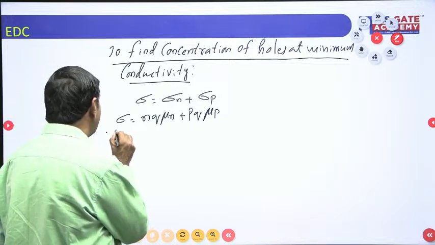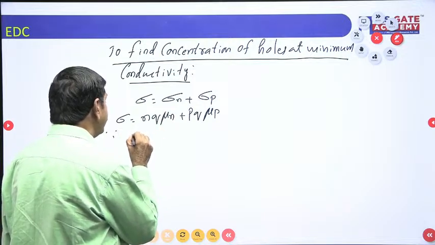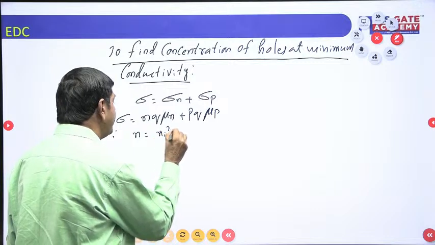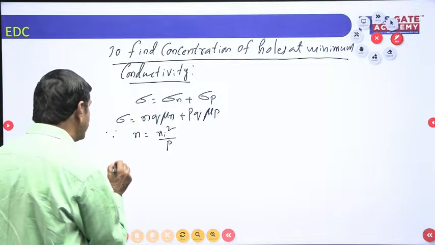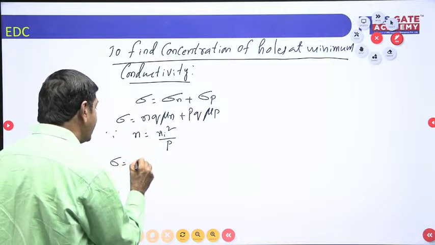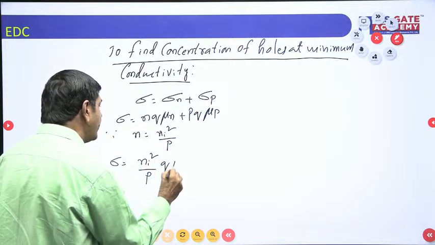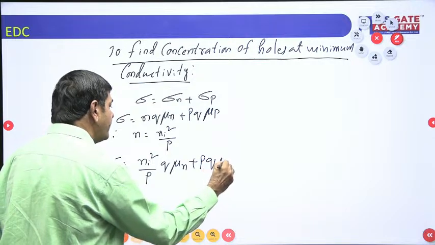According to the mass action law, n equals ni square by p. Substituting this, the total conductivity is ni square by p into q into mu n, plus p into q into mu p.